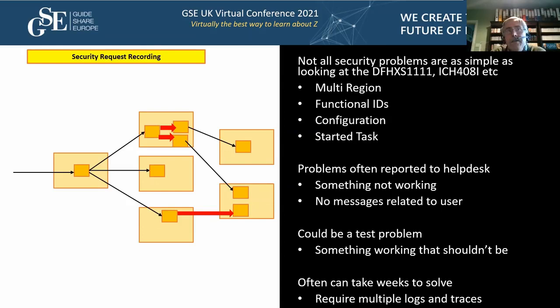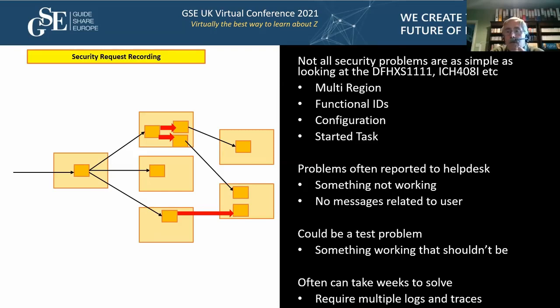Now, this occurs because obviously with a CICS system, you can have many regions and work is dynamically routed to various regions as it goes through the system. You may have functional user IDs rather than the end user's user ID. You have link user IDs that will change the user ID as it flows through the system. You may have started tasks.